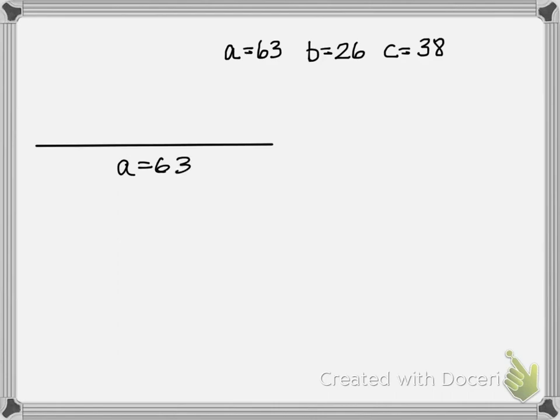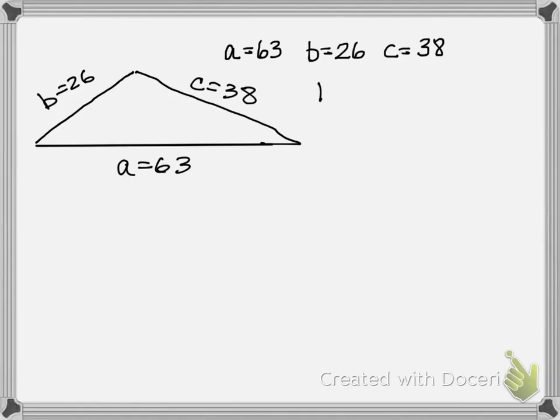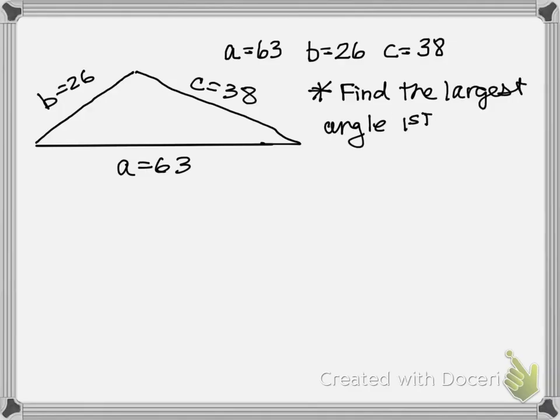And then I'm going to look and see, all right, I need a kind of shorter side and a side that's longer than that. Something like that, where the shorter side is B and the longer side is 38. All right, what I want to tell you here is that you should find the largest angle first.